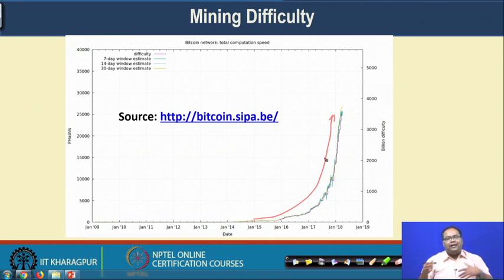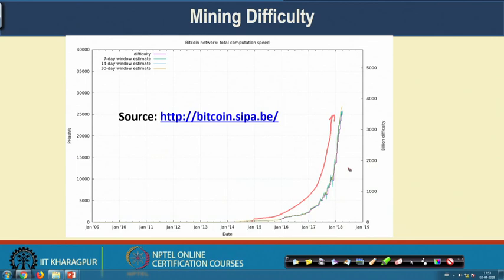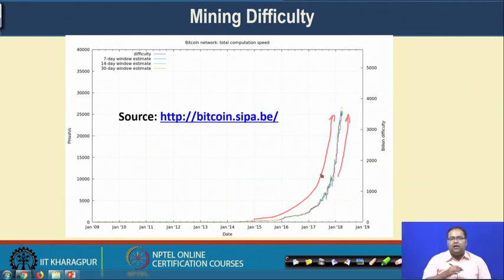So, that way the mining has become faster nowadays. So, to control that, the Bitcoin network has gradually increased the difficulty, and we can see a certain sharp increase in the difficulty level in the last few months, where a large number of miners have participated in the mining procedure with specialized mining hardware.